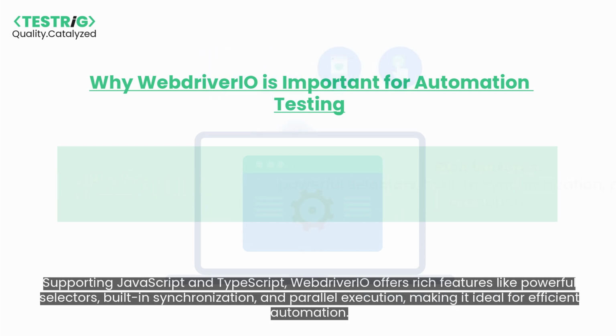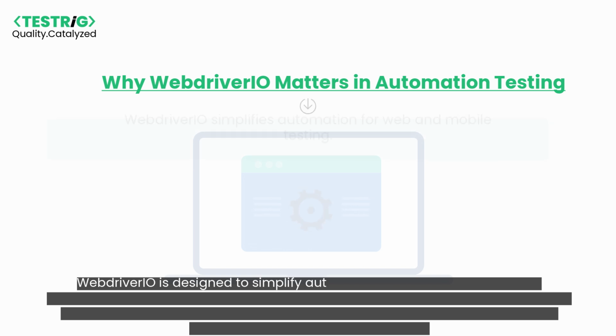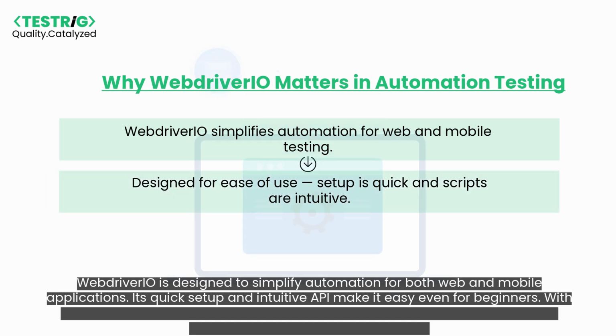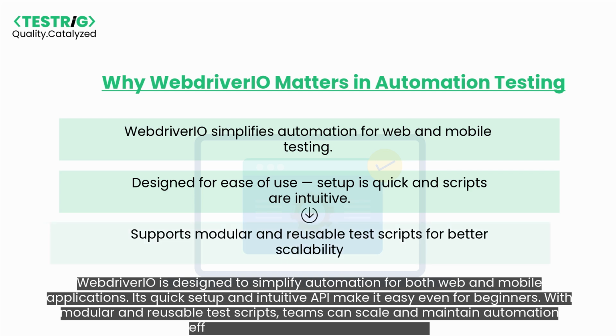efficient automation. WebdriverIO is designed to simplify automation for both web and mobile applications. Its quick setup and intuitive API make it easy even for beginners. With modular and reusable test scripts, teams can scale and maintain automation effortlessly as their applications grow.